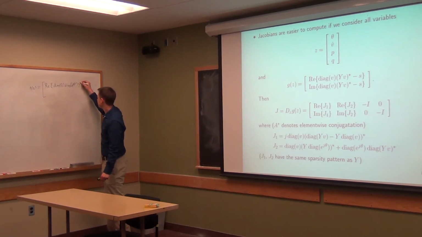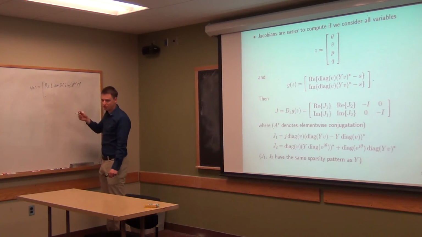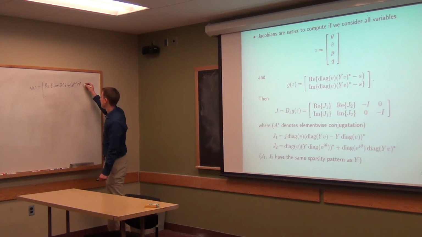Y conjugate, but you'll end up doing the things that have real and imaginary components right now, times this same thing, diag V hat e to the j theta, minus P plus jQ.